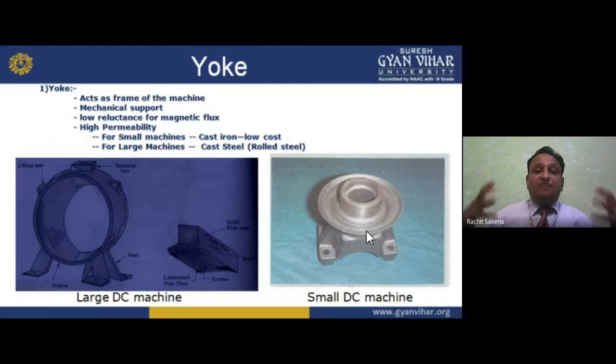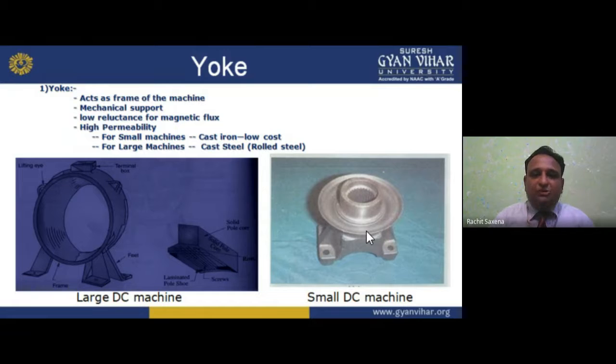So if reluctance is higher, then generation of flux is lower. So the yoke gives low reluctance, not higher reluctance. If reluctance is low, it means permeability is higher. So it acts as a frame of the DC machine, gives mechanical support to all components, low reluctance for magnetic flux, and obviously high permeability.